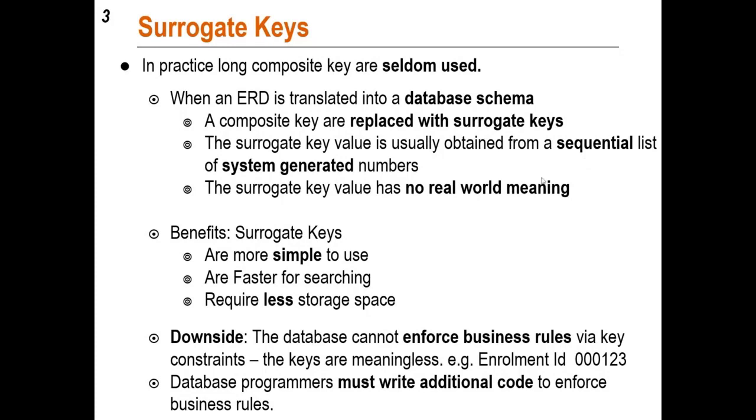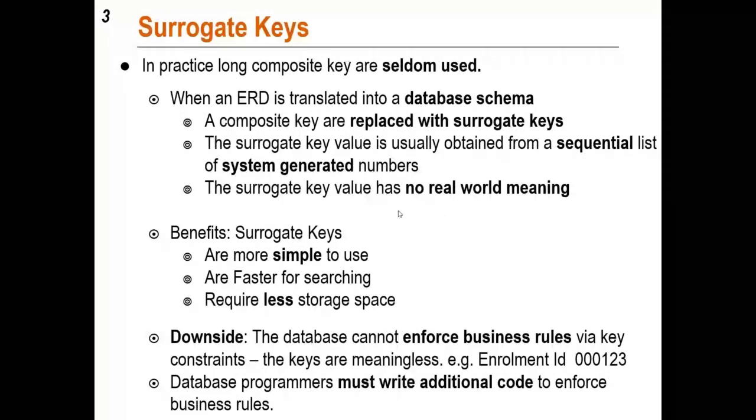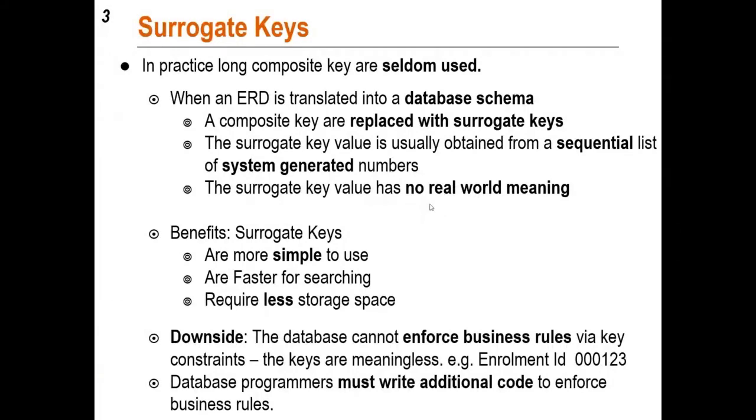Even if you use Microsoft Access, they have a function called AutoNumber, so you can use AutoNumber to generate surrogate keys instead of composite keys.